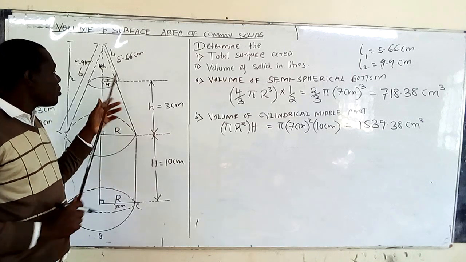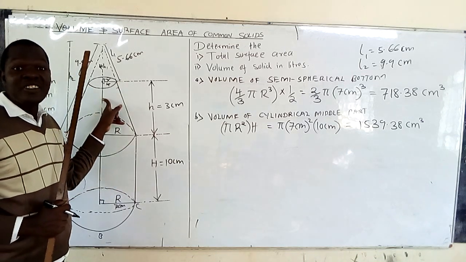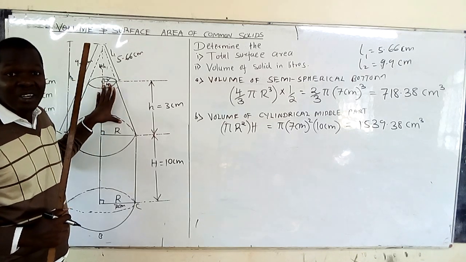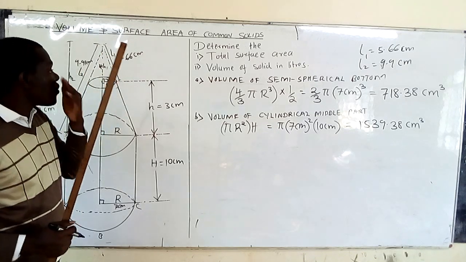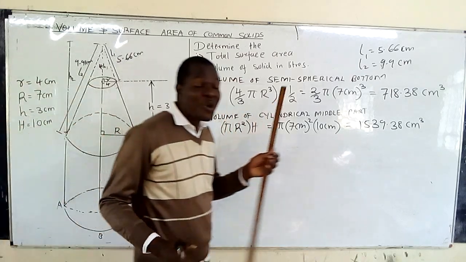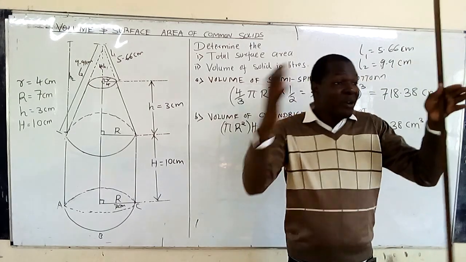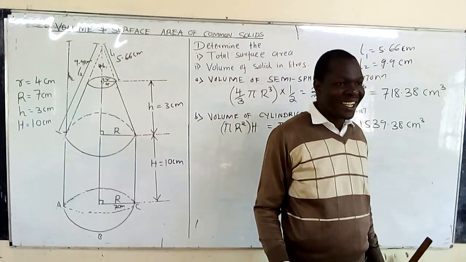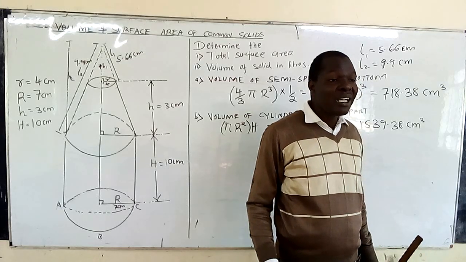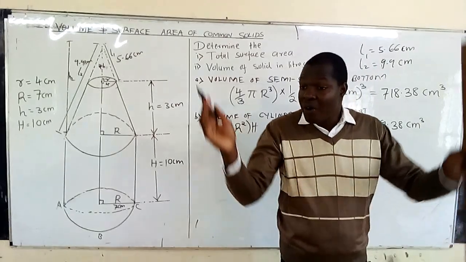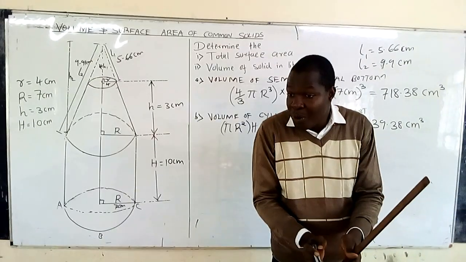Then next is the volume of the frustum of the cone, isn't it? See, the top part is this frustum of the cone. Remember, this was just an extension for the scale factor, because you cannot get the volume of a frustum directly. You must complete the whole of it, the bigger cone minus the smaller cone, to give you the volume of the frustum, isn't it? So the volume of a cone is like some part of a spherical part, isn't it?